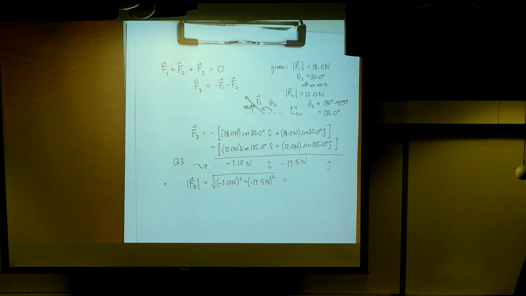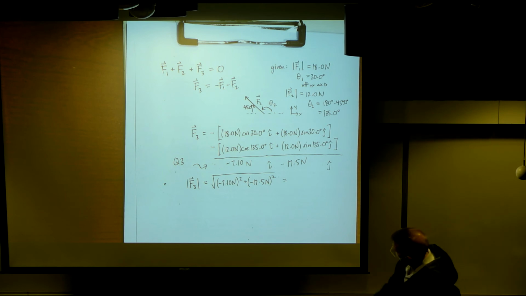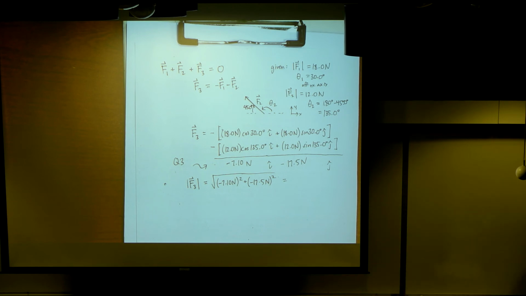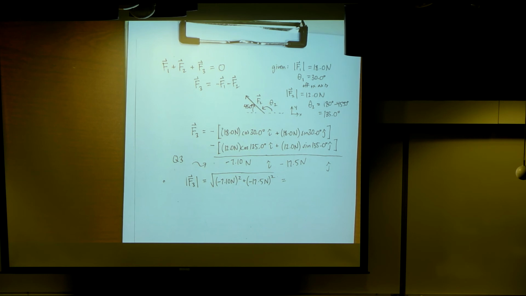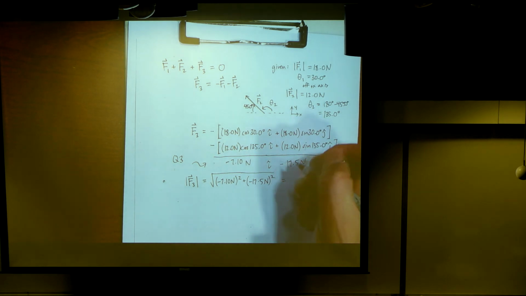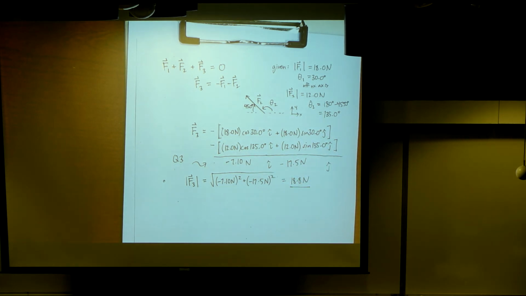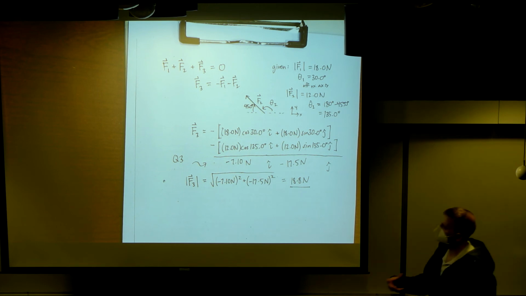What's the answer for the magnitude? 18.8? Yeah, so 18.8 newtons. That's how hard you have to pull this. Okay, that's a measure of the force.